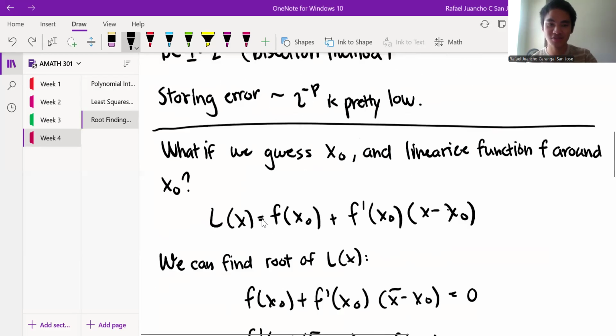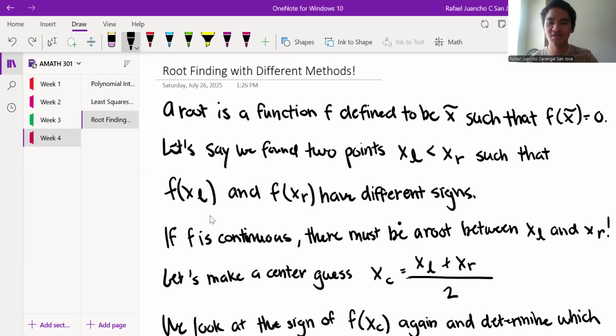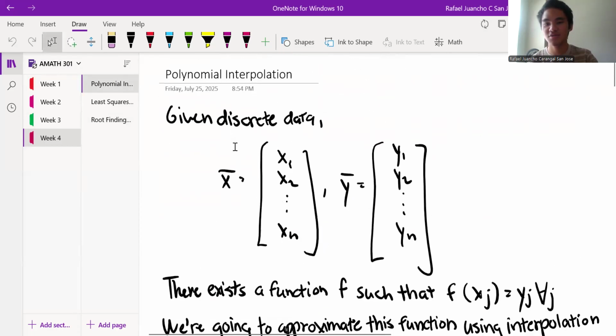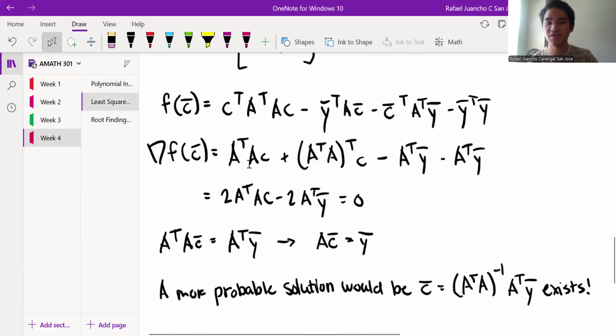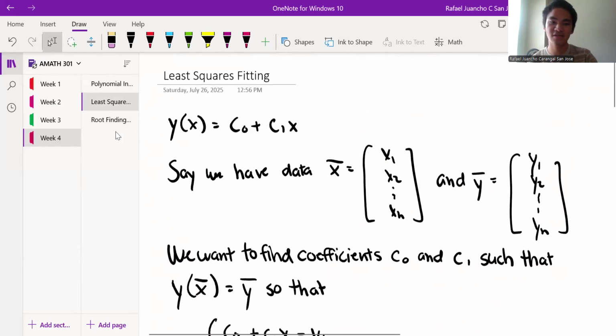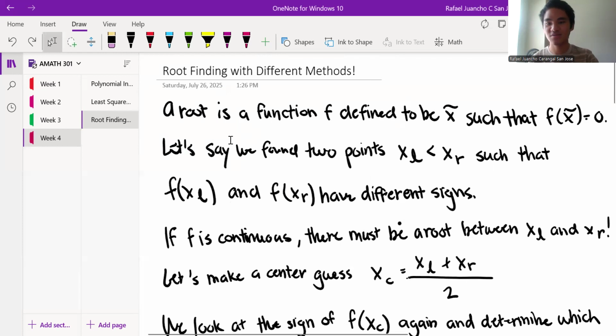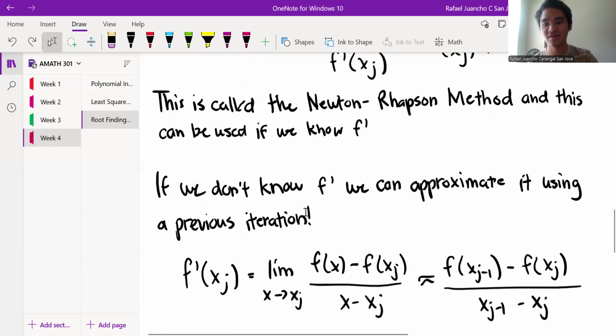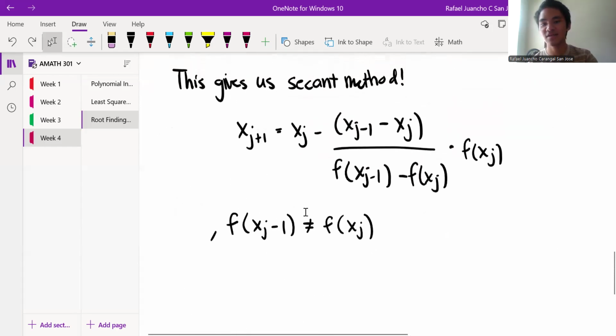I find this week's topic very interesting: interpolation of functions, least squares or curve fitting, and lastly root finding. Now we're interacting with the data, right? And this is something I think is interesting in data science, that we use mathematical methods in order to analyze and work with data and get invaluable insights out of it.